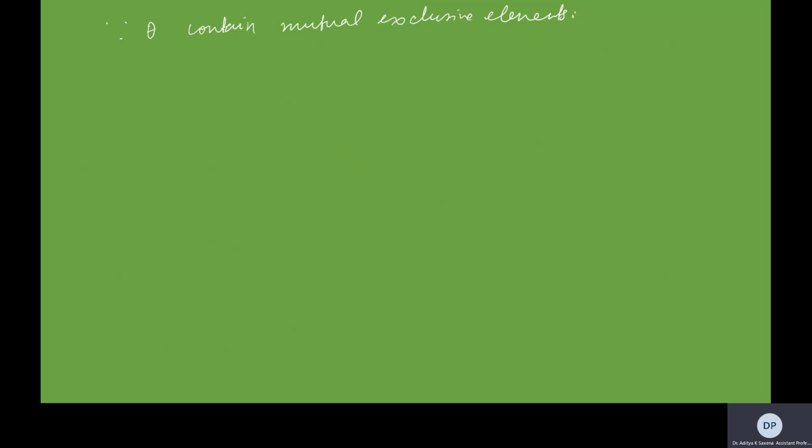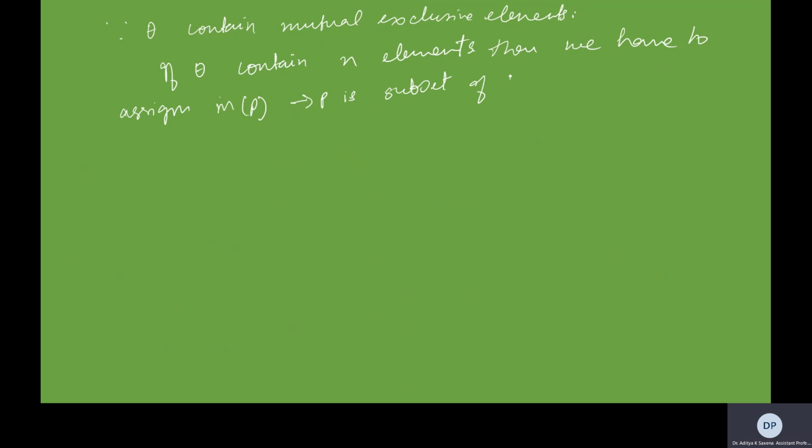Now what we are seeing is that if theta contains an element, then we have to assign m(P), where P is a subset of theta, and this is called the belief value.